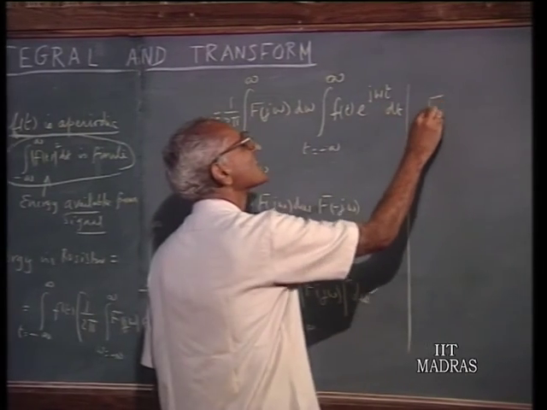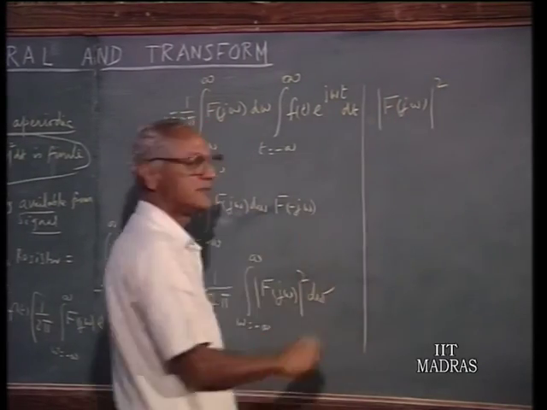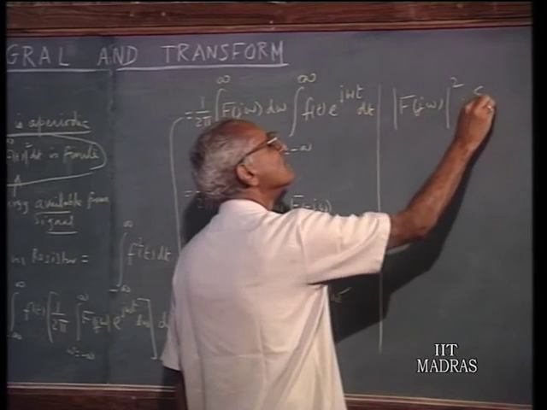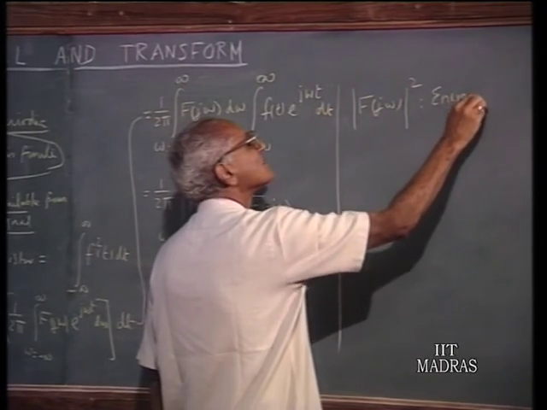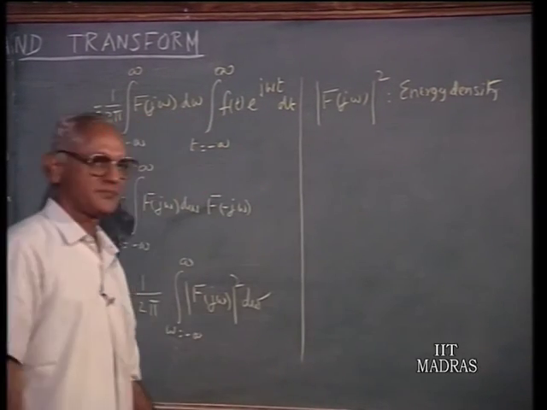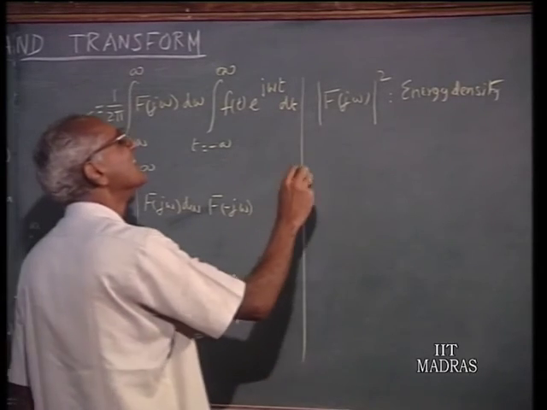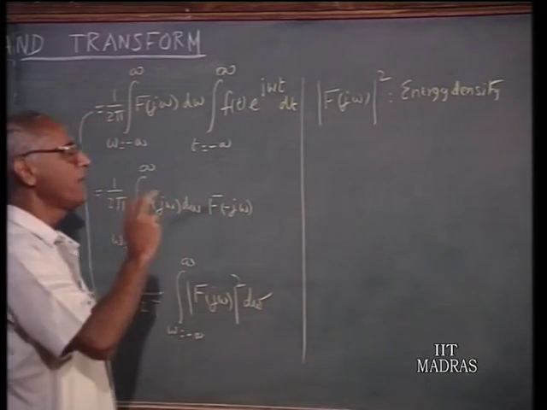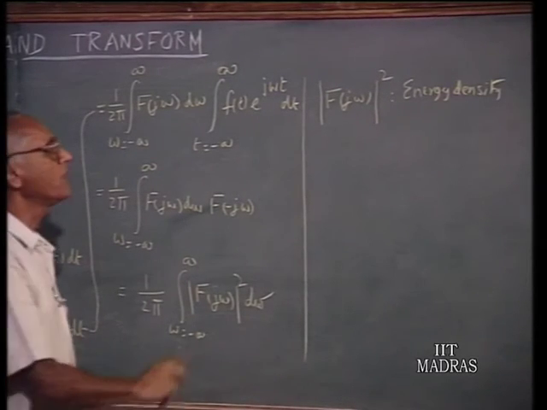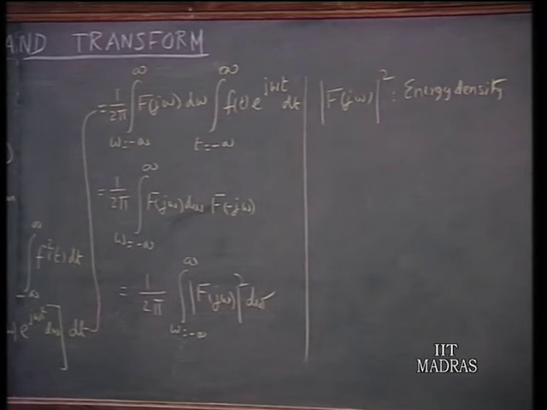Now, F of j omega magnitude squared can be thought of as energy density. What it means is, around a band around omega, if we consider a small band of frequencies delta f, F of j omega magnitude squared times delta f is the energy concentrated in that band centered around omega.